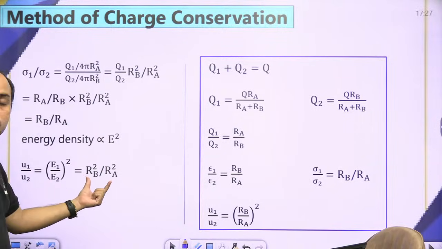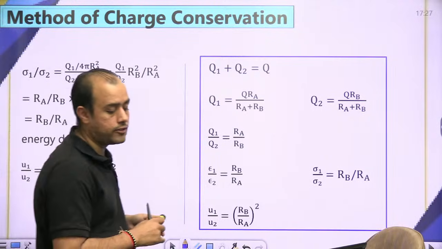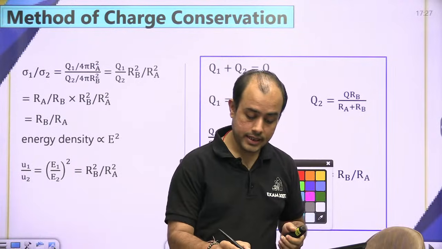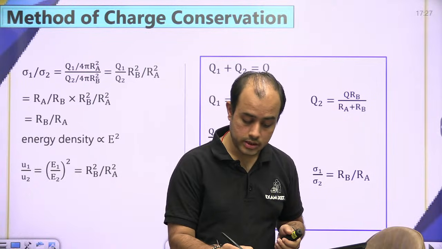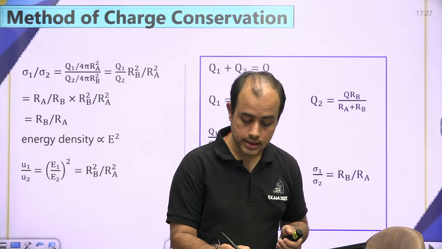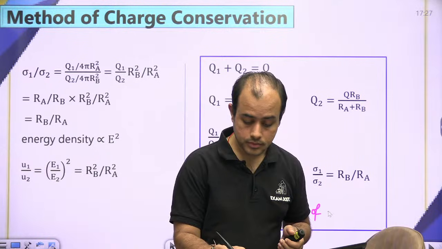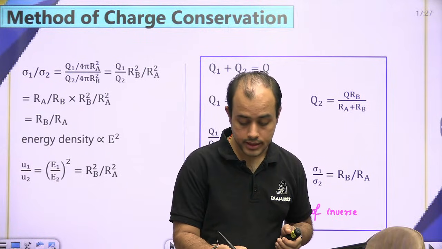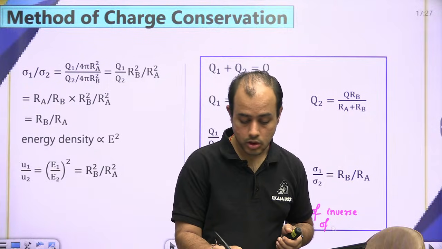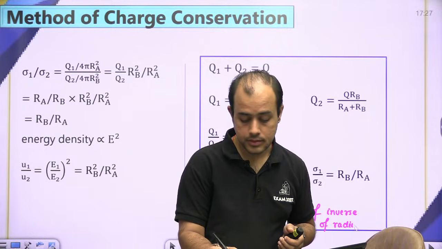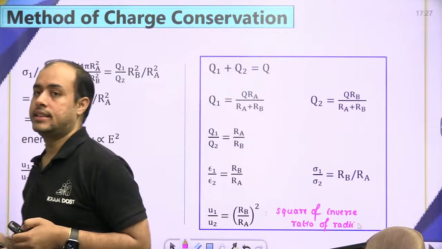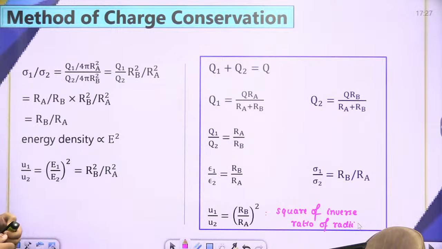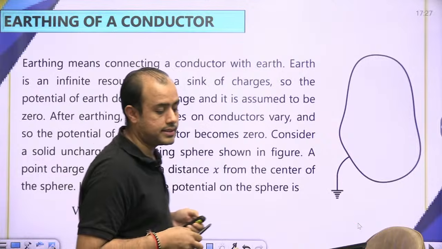So it is the square of the inverse ratio of radius. ठीक है, half epsilon E square होती है. So that is energy density. That is how charges are redistributed. ये समझ में आया बेटा अच्छे से?